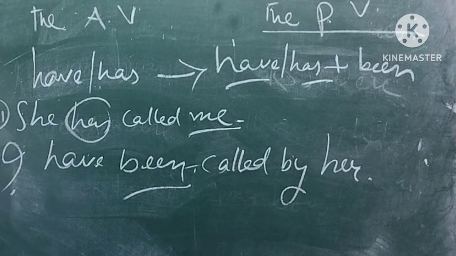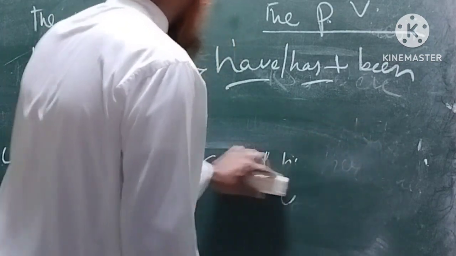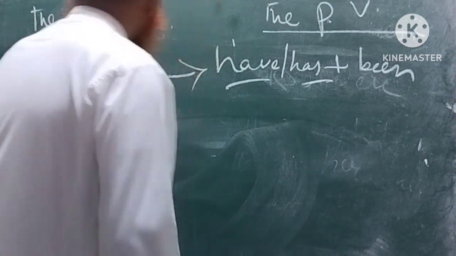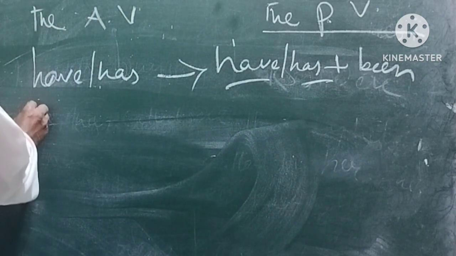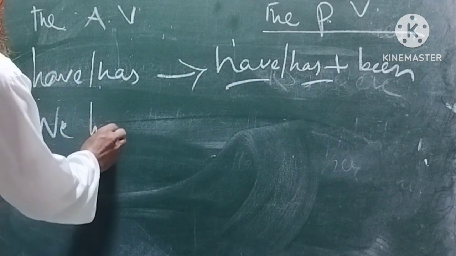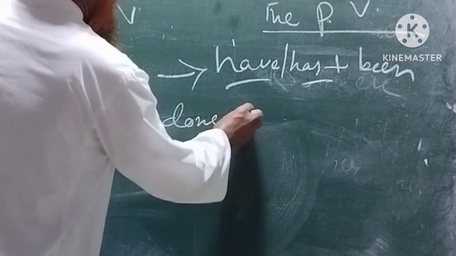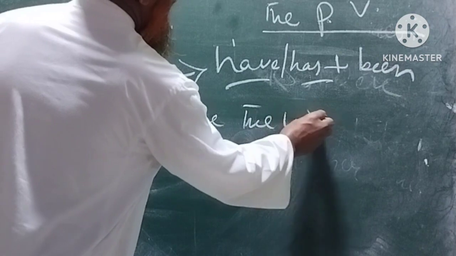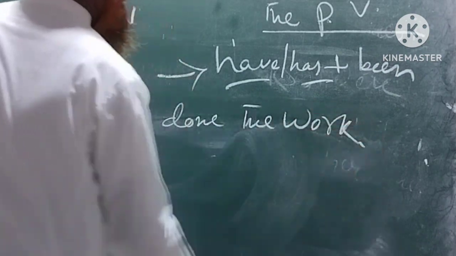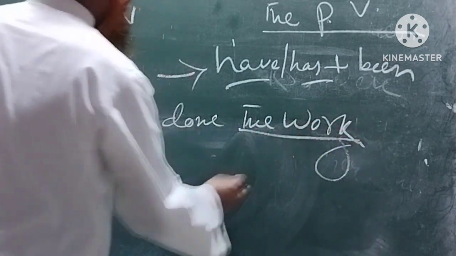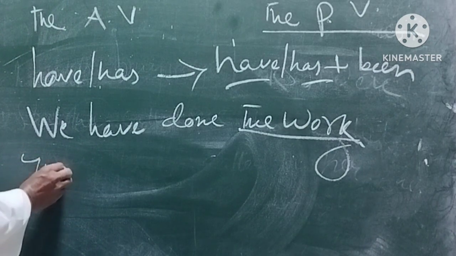In the same way, another example of have, has. We have done the work. The work here is the object, it will become the subject.